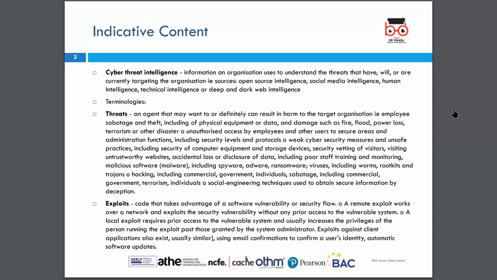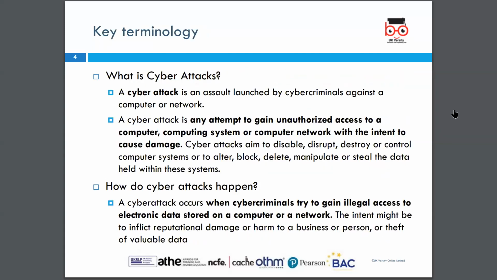As we can see here, it is code that takes advantage of a software vulnerability or a security flaw. A remote exploitation can occur over a network, and it can exploit our vulnerabilities without any prior access to our vulnerable system.